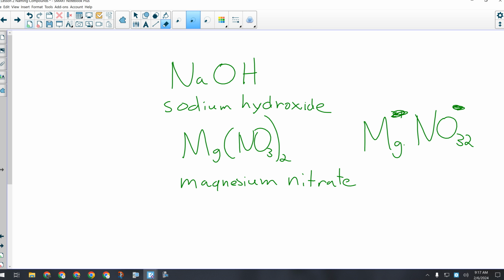But if I do this, that now says there are 2 nitrate ions, which is what I want. I don't want 1 nitrogen and 32 oxygens, so I have to put brackets around it, kind of like in math, order of operations. I want to enclose this stuff in brackets and say everything inside the brackets is multiplied by 2. That sort of makes sense? So that's why the brackets come into play.